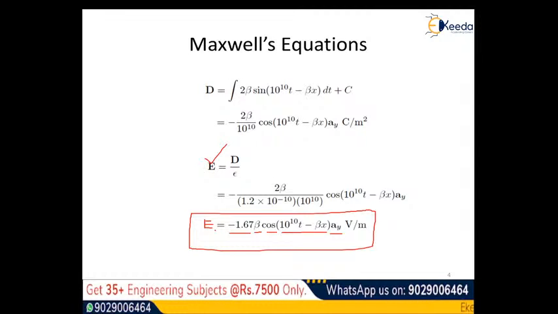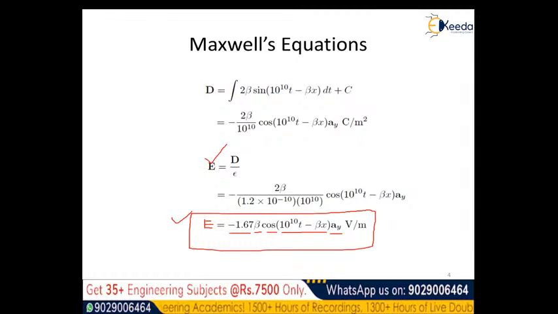So here we go. As we now have the expression for capital E, electric field intensity, we are taking help from Maxwell's equation. For that purpose, the first equation that you have seen on the beginning slide was del bar cross E bar equal to minus del B by del t.